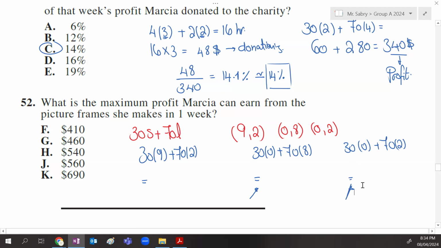Did someone actually calculate it? This is 410. This is $560.